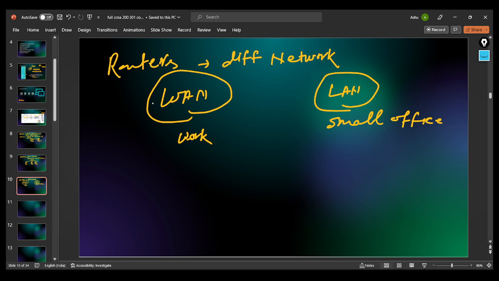If you want to connect with the world, then you should use a router. Clear? You should use a router. So a router is a device that connects different networks together to forward the data packets between networks such as a LAN and the internet.